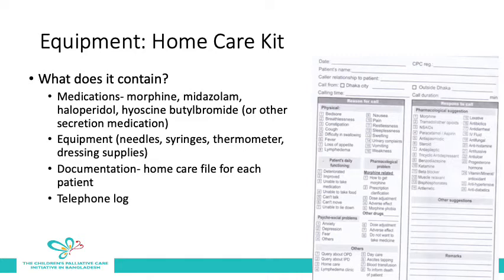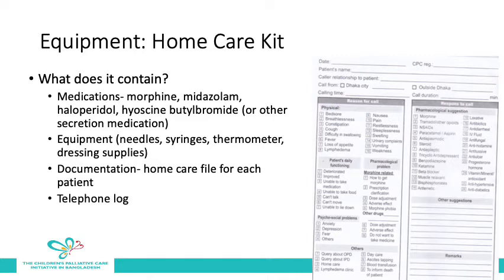Additional items can be added if there are more resources and depending on the skill level of the community health workers. The community health workers should also complete some form of documentation and have a home care file for each patient. And there should be a telephone log file so they can keep track of what calls were made and what was their response to the patient's concerns.